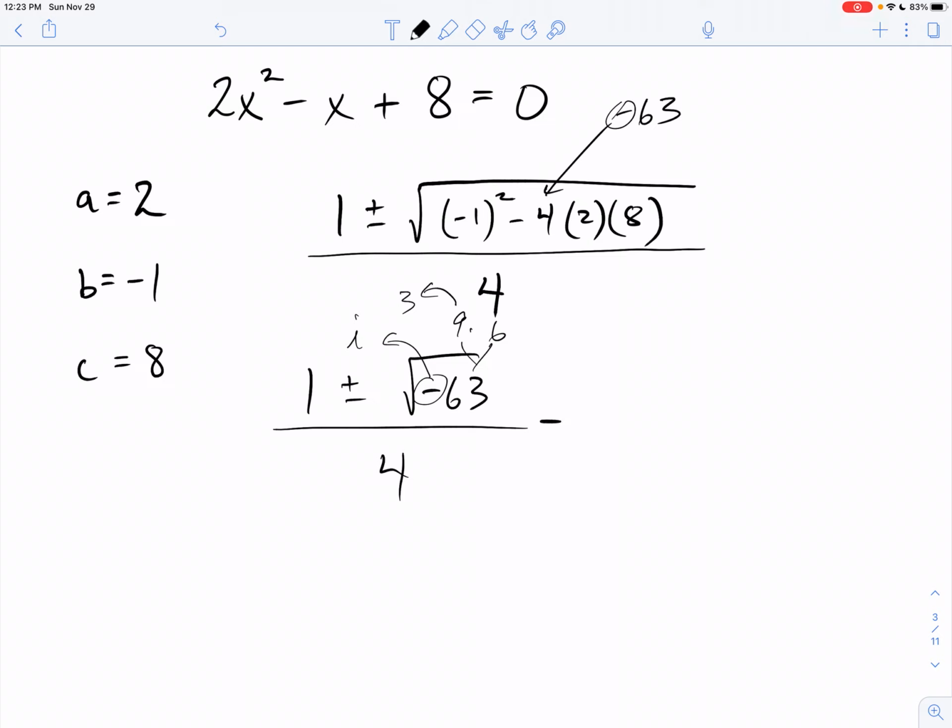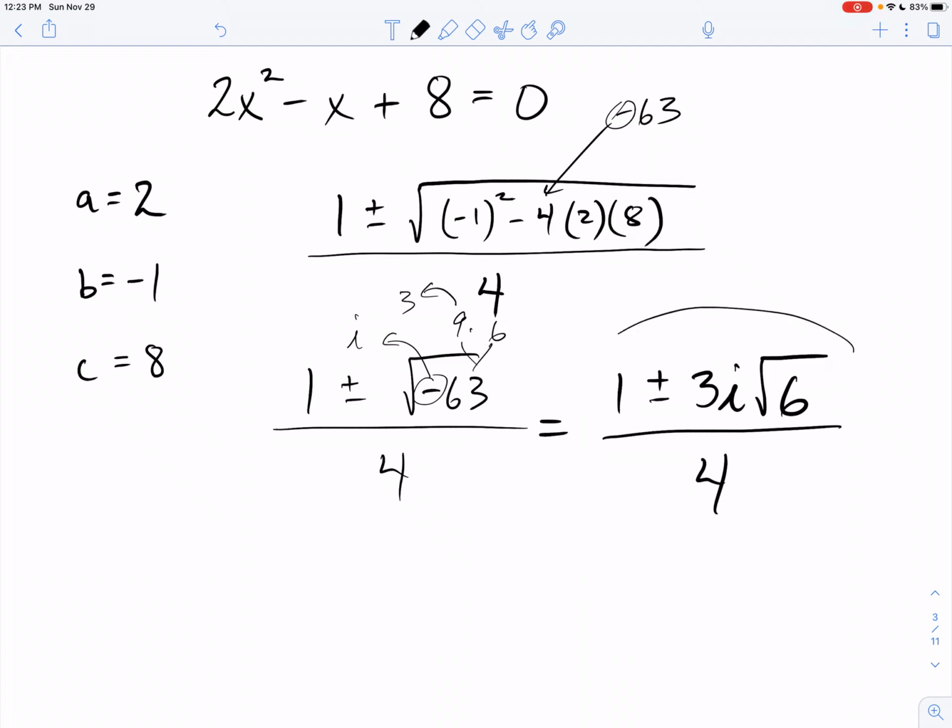So let's regroup all the goop. 1 plus or minus, there's a 3 outside, there's an i outside, there's a rad 6 inside, over a 4. And that's the answer I'm hoping you found if you had taken my advice and paused the video.